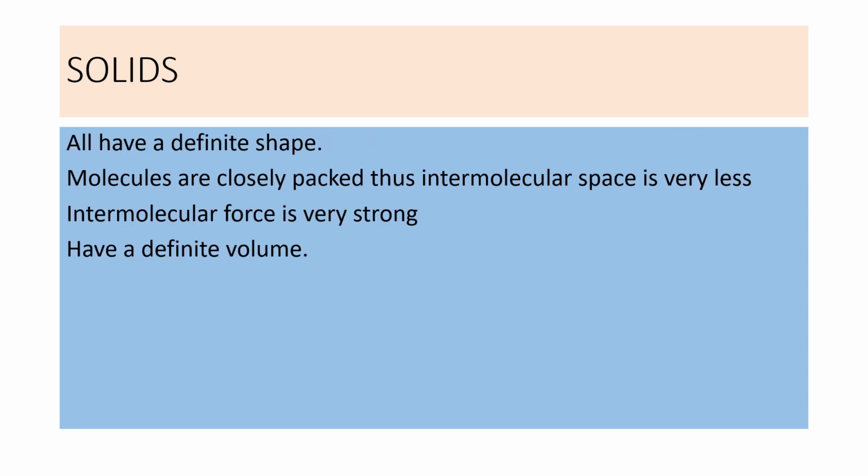Solid things like a book, a table, a pencil, an eraser, etc. all have a definite shape. The molecules in solids are very closely packed.